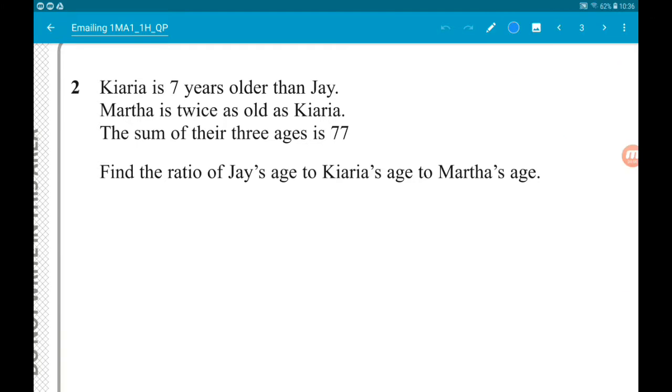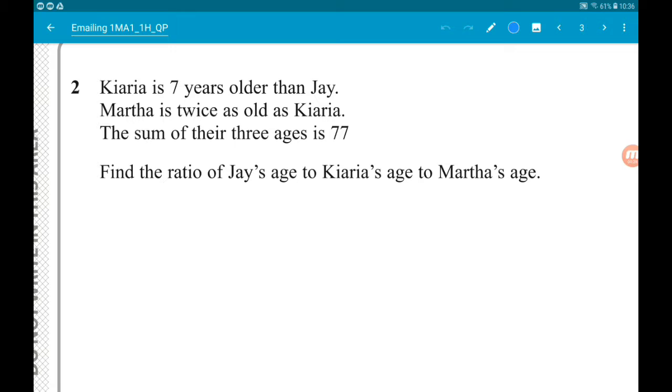Okay, number 2, forming and solving an equation, and they've just chucked a bit of ratio in it for good measure. So, Kira is 7 years older than Jay. Martha is twice as old as Kira. The sum of their ages is 77.